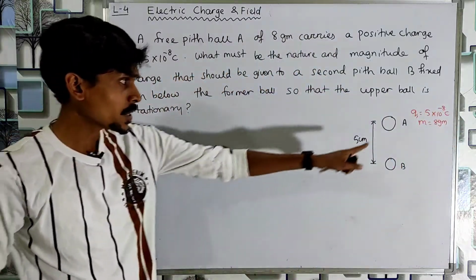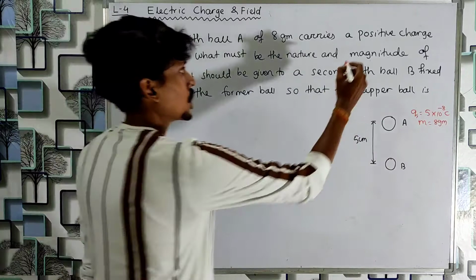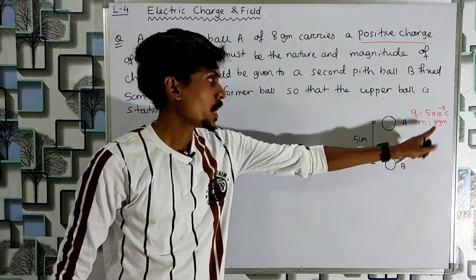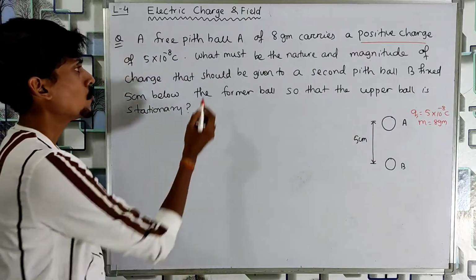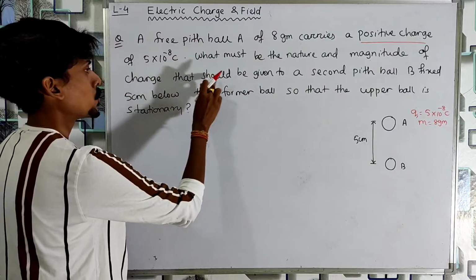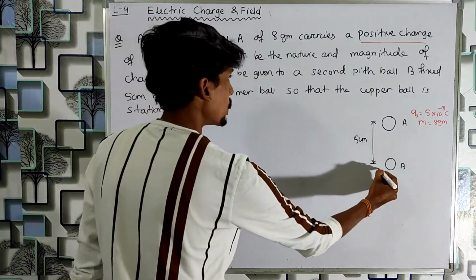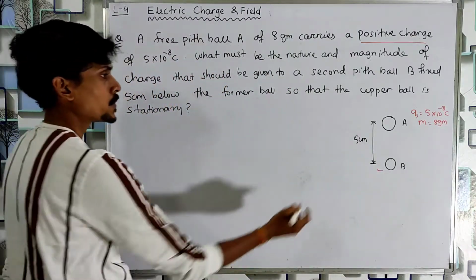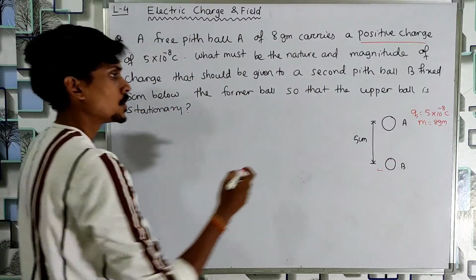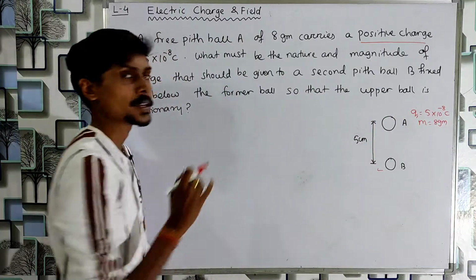So pith ball A is positively charged, and the mass is 8 gram. The question is, what must be the nature and magnitude of charge that should be given to a second pith ball B fixed 5 centimeter below the former ball so that the upper ball is stationary?